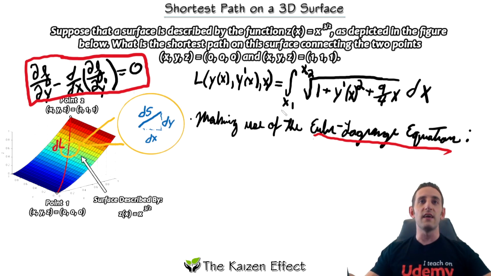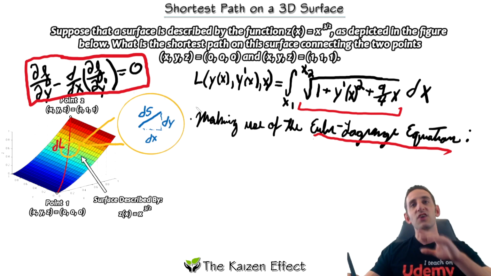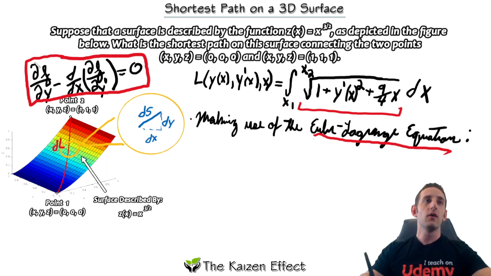So if this is the equation we want to use, and this is our functional, what is f? f is the function right here underneath the integral. All we need to do really is just plug and chug. We have to take all these derivatives and find what they are in order to make progress. So let's do that right now.